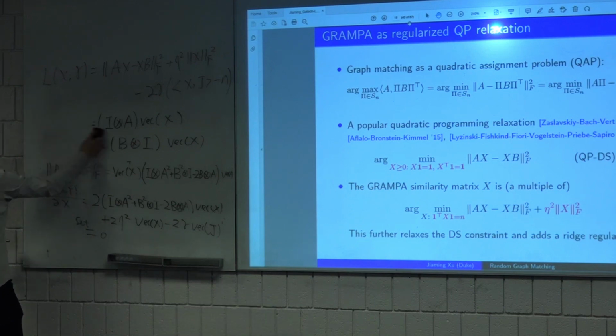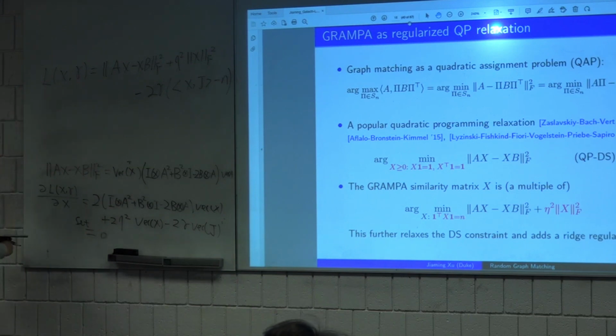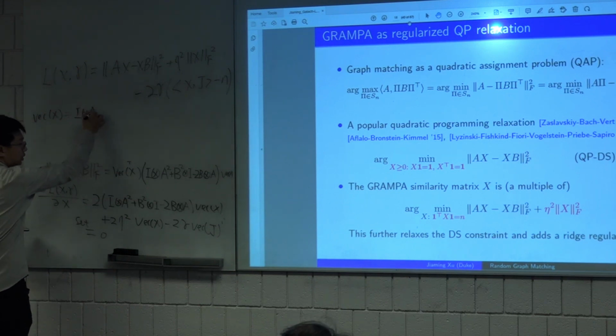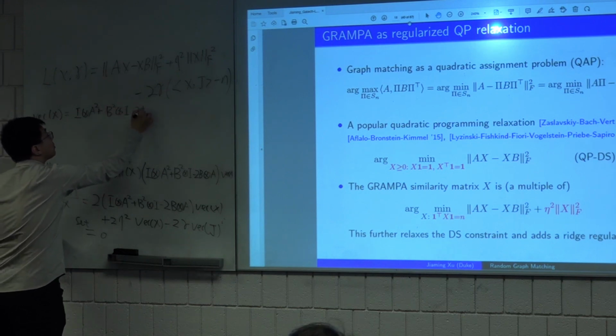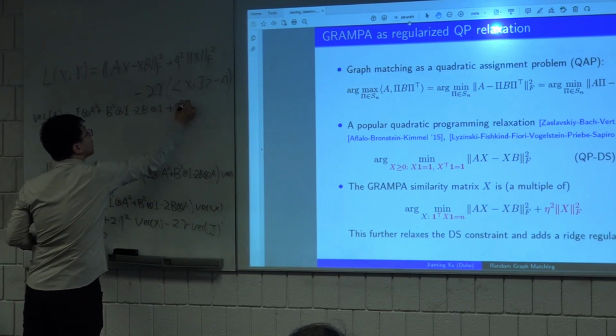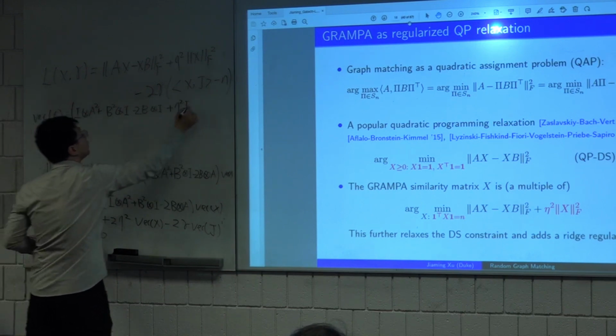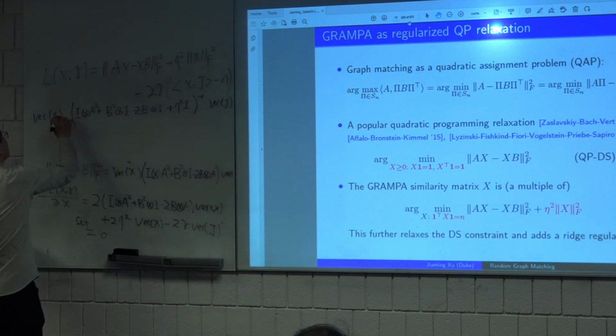Okay, so I'm going to erase this. Then the vector of X should be equal to, you pull this to the right-hand side and combine terms, so you get the inverse of I Kronecker A squared plus B squared Kronecker I minus 2B Kronecker A, plus eta squared I, times the vector of J. And then there's a gamma in front.